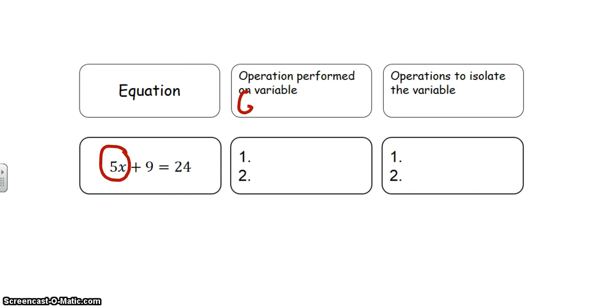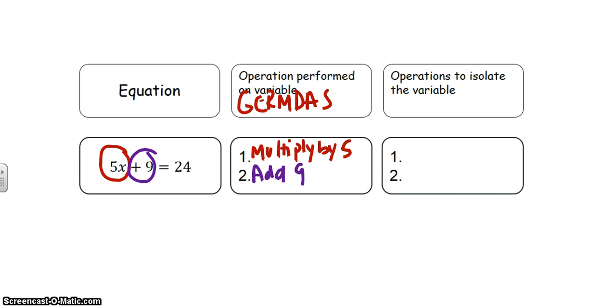Okay, again, we're going to follow GEMDAS. We're looking at that x. And with the x, we're multiplying by 5 first. So multiply by 5 is our step 1. If we do GEMDAS, then we would add the 9. Remember, we're going to reverse the order.